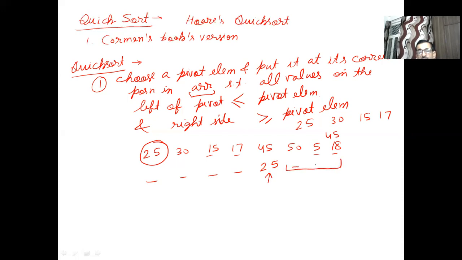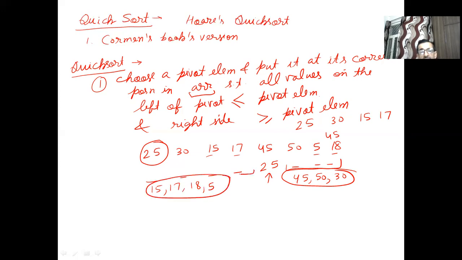I want 45, 50, and 30 on this side in any order, and on this side the values 15, 17, 18, 5 in any order, but they will be on the left of 25, and the values greater than 25 will be on the right of 25. Then 25 is at its correct position.